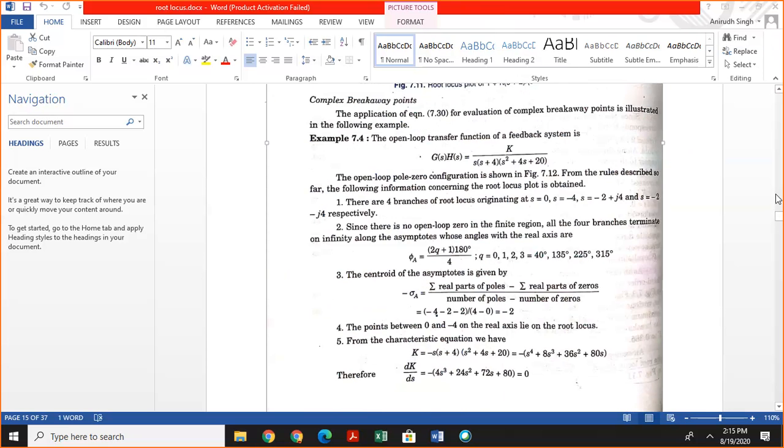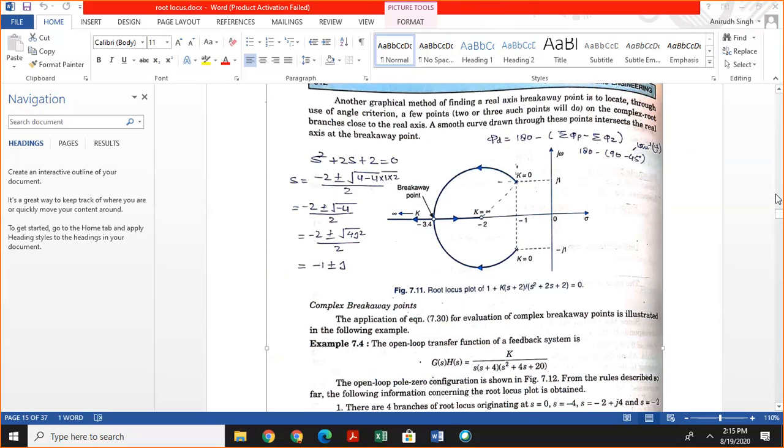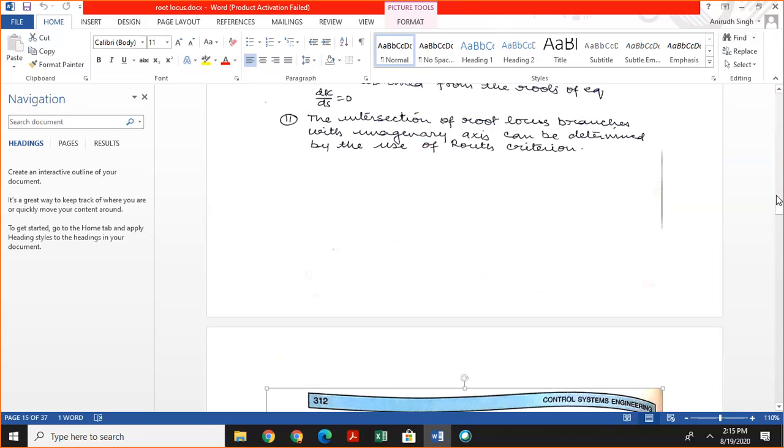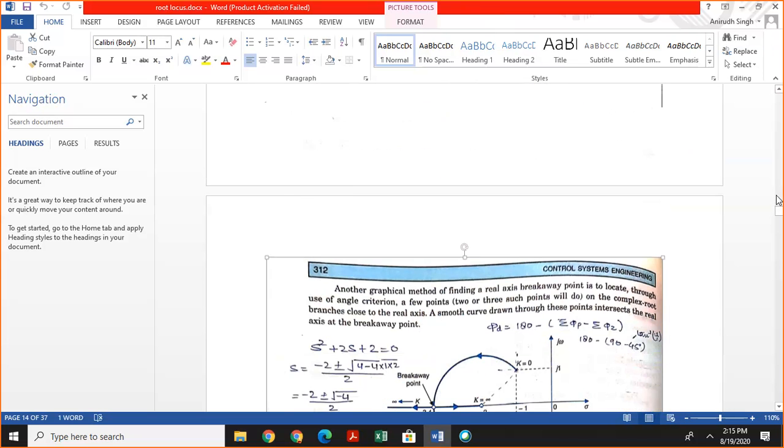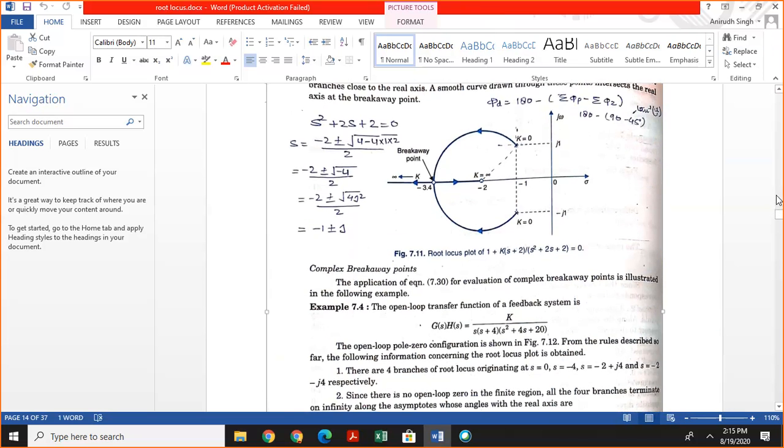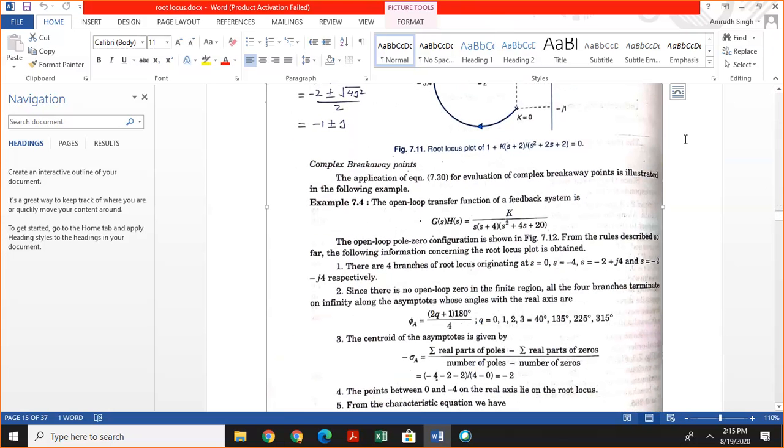Next question is this. G(s)H(s) is given by K divided by s(s plus 4)(s square plus 4s plus 20).